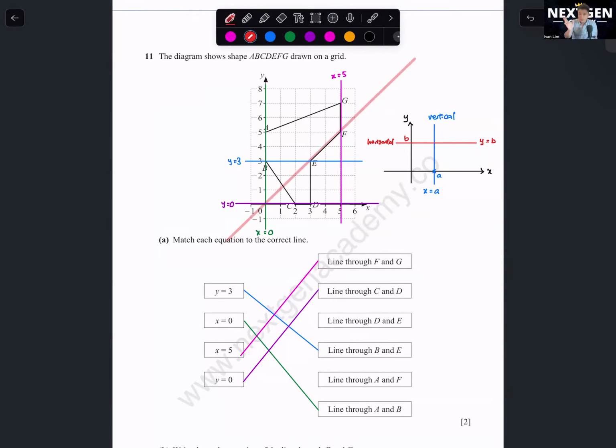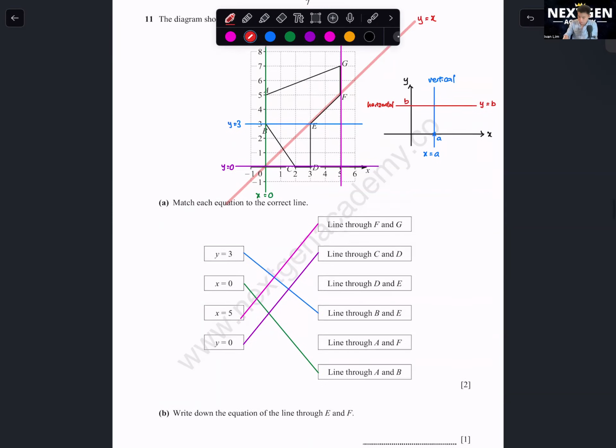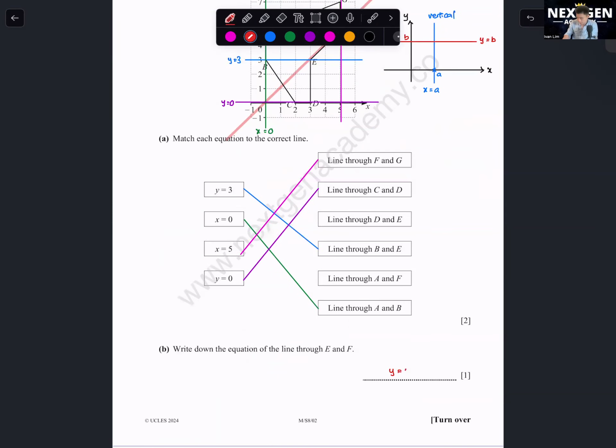If you don't know, this one we need to know for our syllabus. If you have a line that passes through directly in the middle of the Y and X axis, this equation is called Y equals to X. So you memorize this one. Y is equals to X. What do I mean y equals to x?